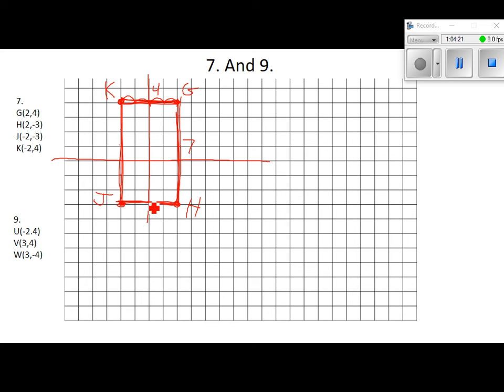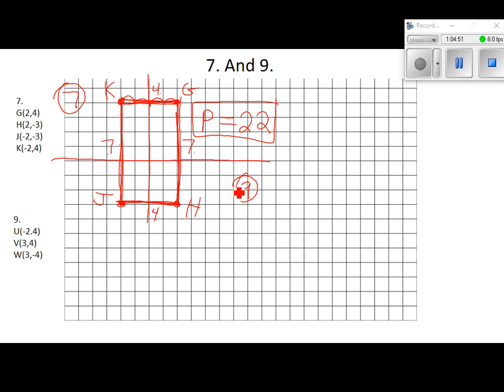Bottom one, 4 units long. This side over here, 7. Add them all up to get the perimeter. 4 plus 7 is 11, plus another 4 is 15, plus 7 is 22. So the perimeter of that shape is 22. That's number 7.